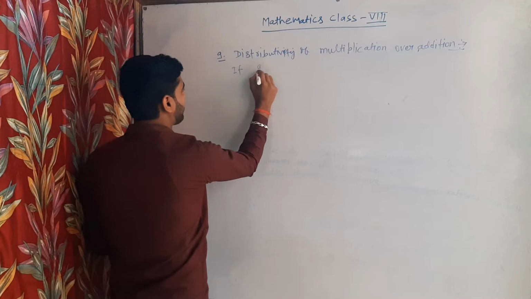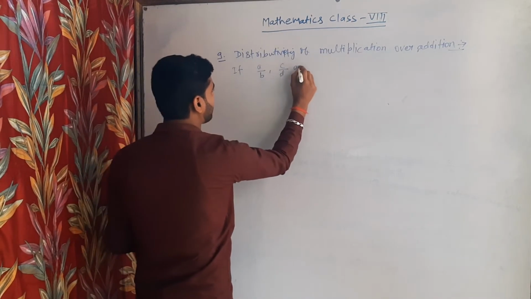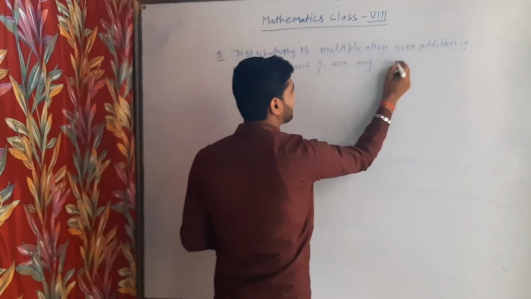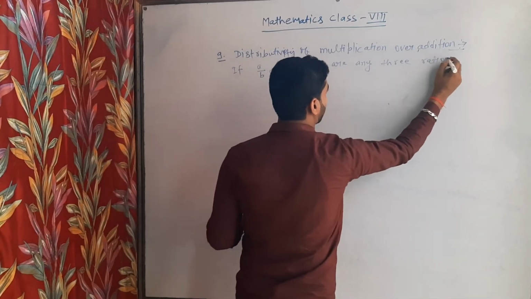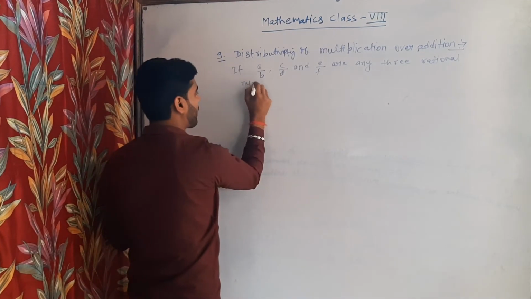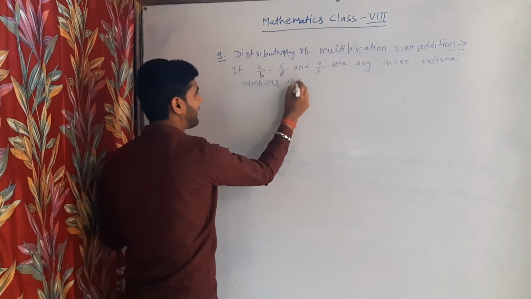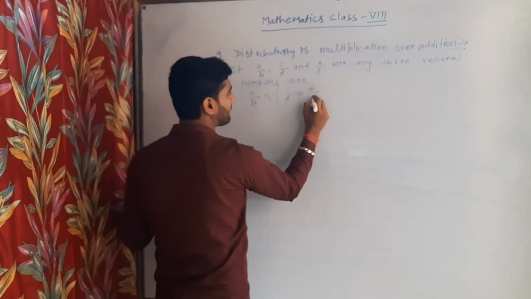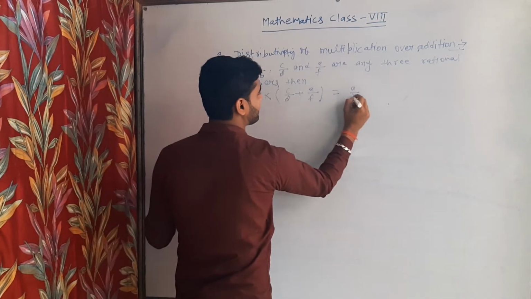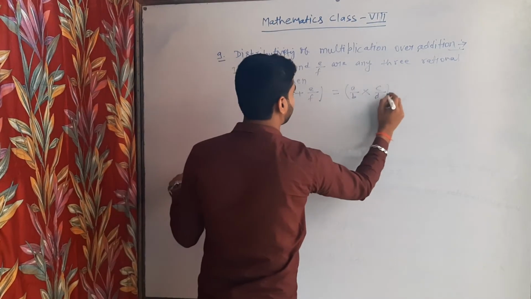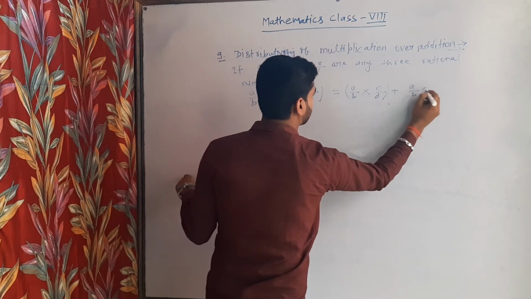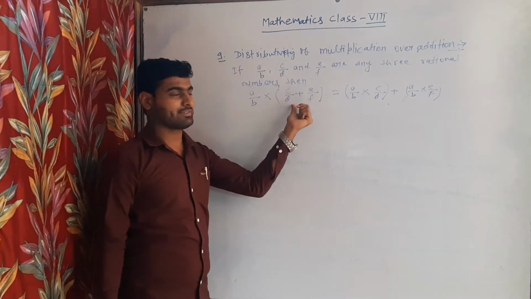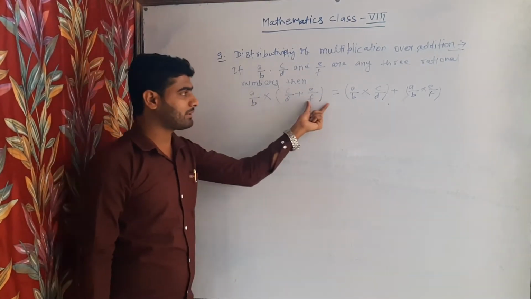If a by b, c by d and e by f are any three rational numbers, then a by b multiply c by d plus e by f is equal to a by b multiply c by d plus a by b multiply e by f. Here a by b is multiplied by c by d and a by b is also multiplied by e by f.